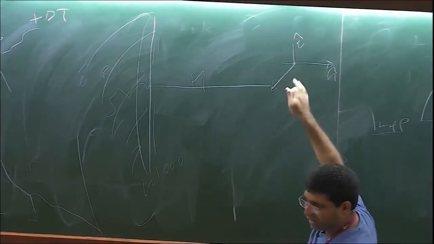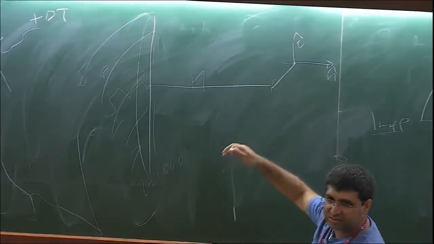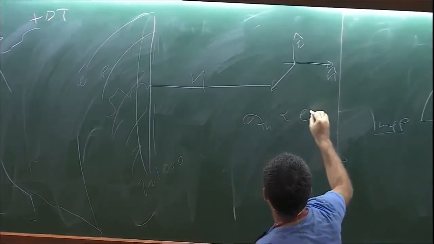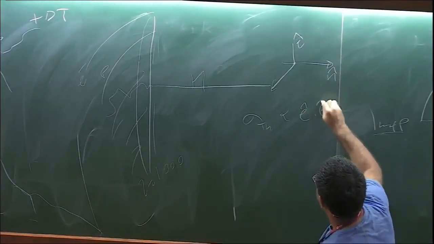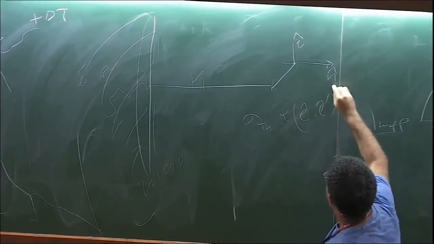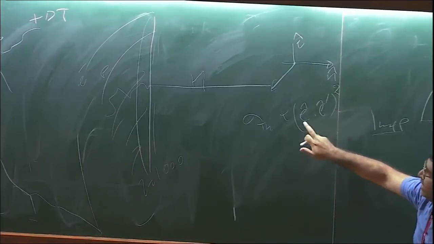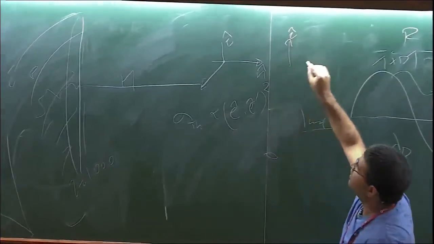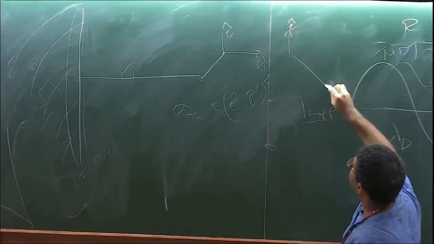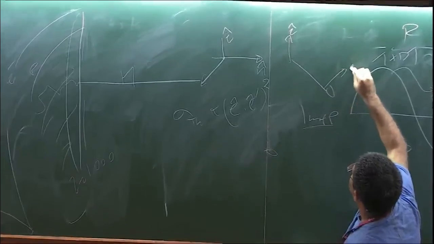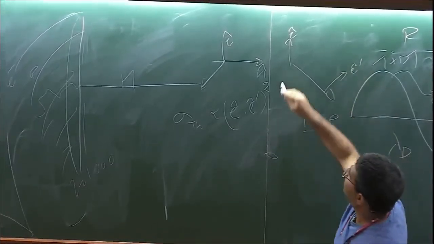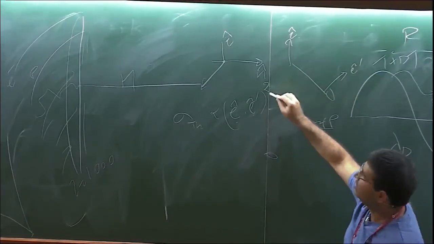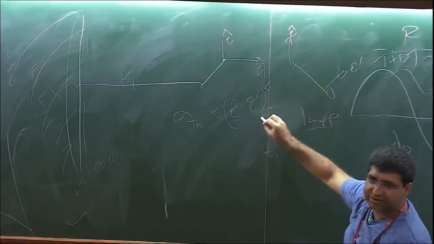The consequence of this is that the scattering cross-section is proportional to the Thomson cross-section times the square of the incoming polarization. If a photon comes with a polarization E and scatters in some direction into a polarization E prime, the scattering is proportional to (E dot E prime) squared. Which means in the orthogonal direction to this, you have no scattering.